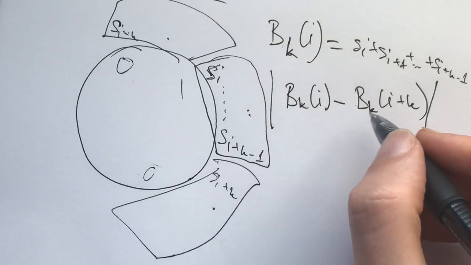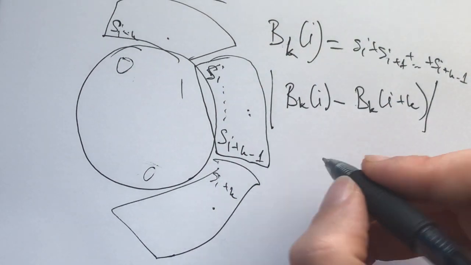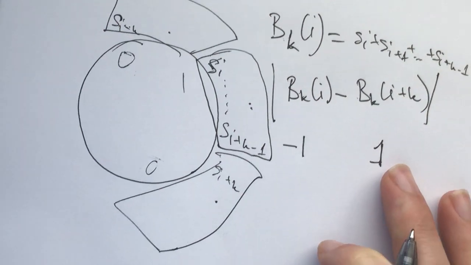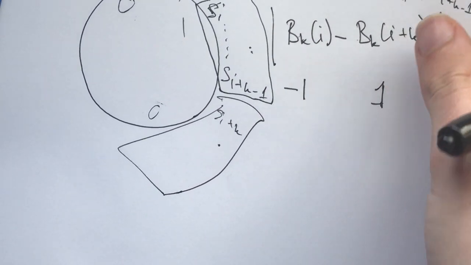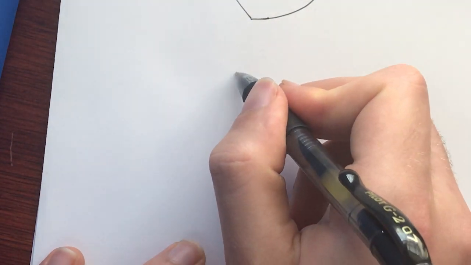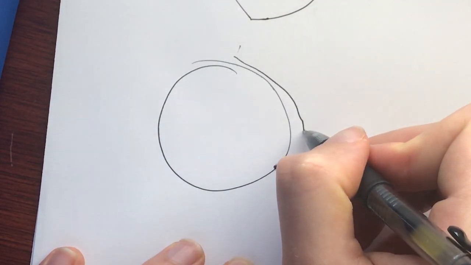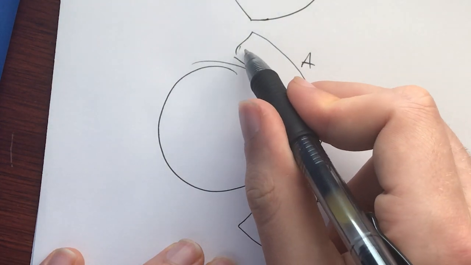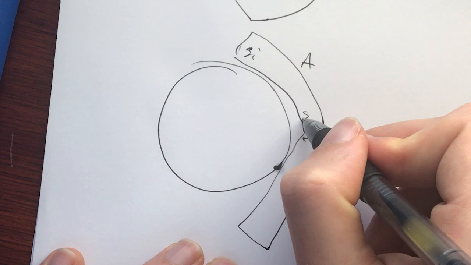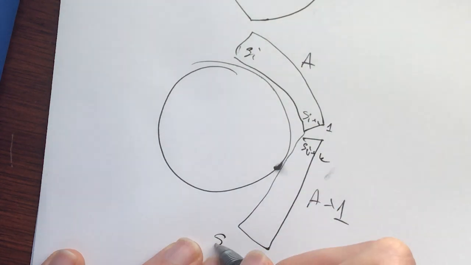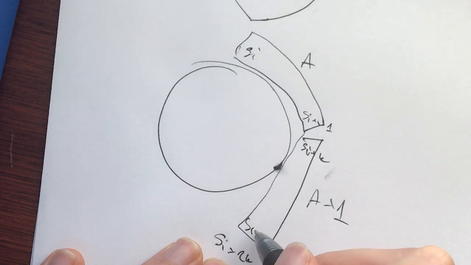So now given this changes by 2 at most, there must be a point at which it is negative and then it becomes positive, i.e. there must be some i and some k such that we have this sort of situation. This is a and this is a plus 1. And then when we're at S_{i+k-1}, S_{i+k}, this is S_{i+2k}, S_{i+2k-1}.